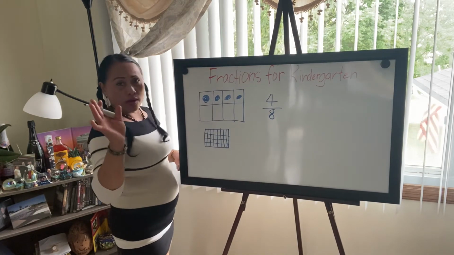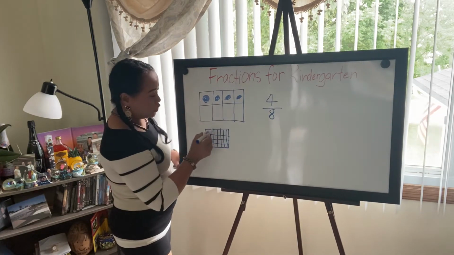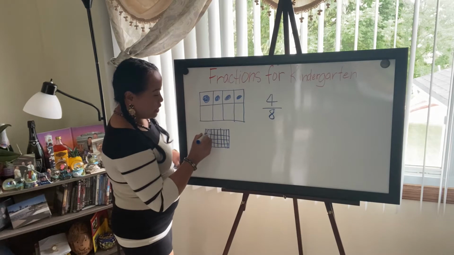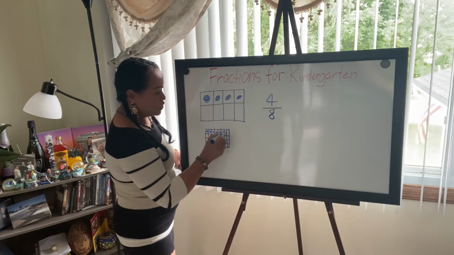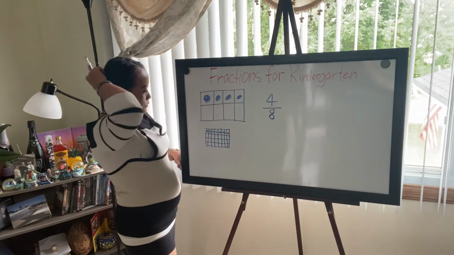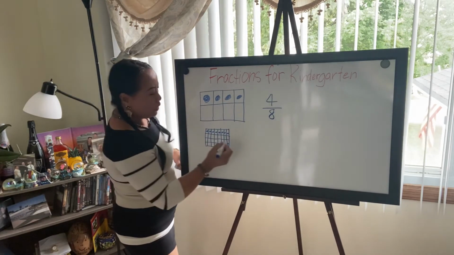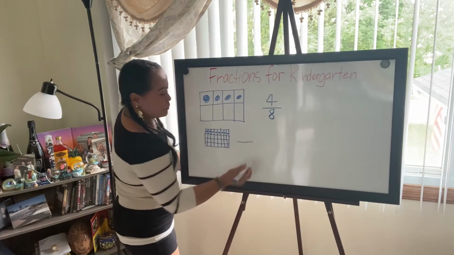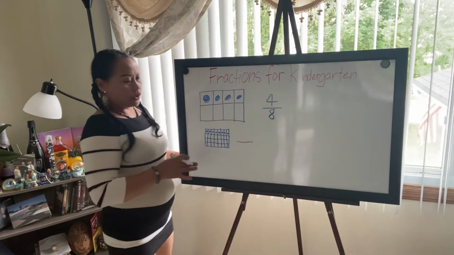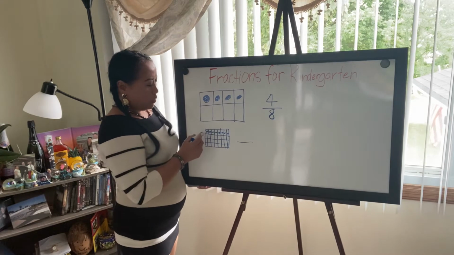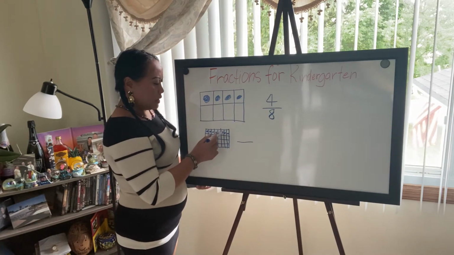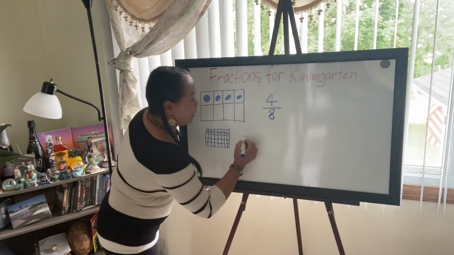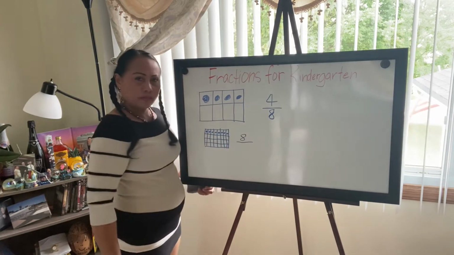Okay, now we will shade this part here. Shade, shade, shade, shade, shade, shade, shade, shade. Okay, draw a line. Count all the shaded parts. 1, 2, 3, 4, 5, 6, 7, 8. So write on top 8.